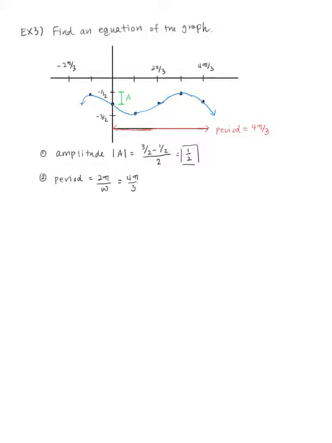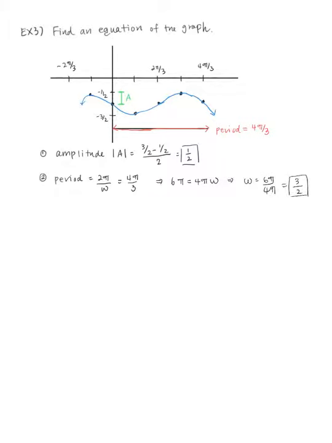pi over 3. Now solving for omega, because omega is going to be the argument of the function. So if I cross multiply, what do we get? 6 pi equals 4 pi omega. Dividing by 4 pi, so it looks like omega is going to be 3/2.